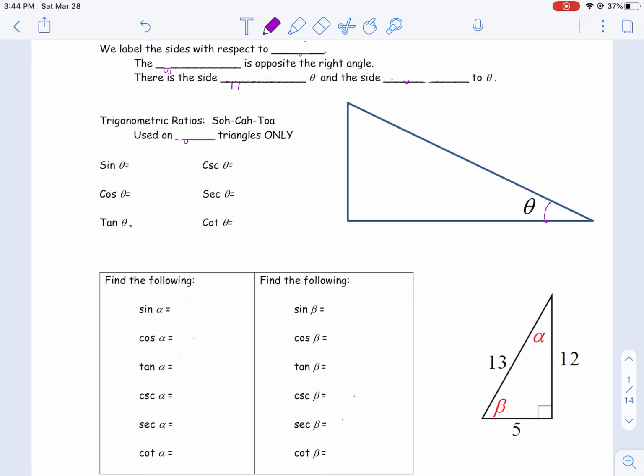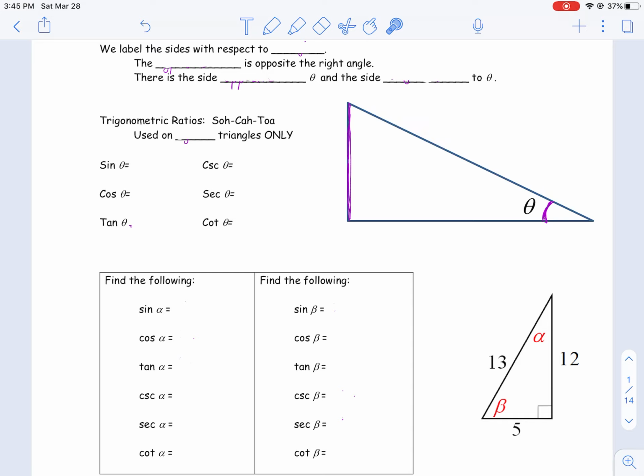The way we're going to do this is we're going to look at the triangle in perspective to an angle. So every time we talk about the sides, we're going to relate them to an angle. If I look at this triangle, you see we have one side here. How would you describe this side in relation to this angle over here?